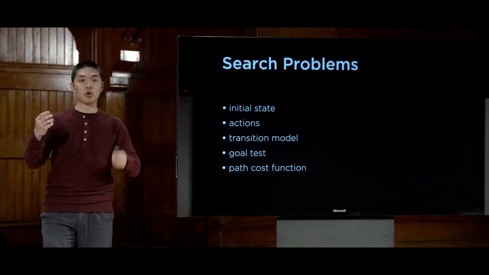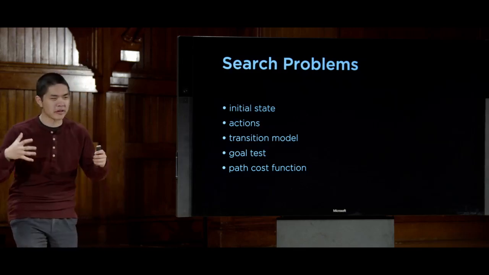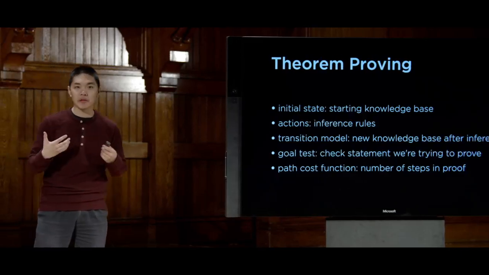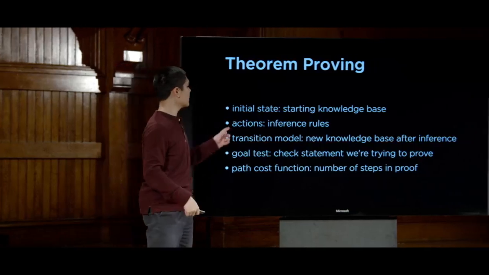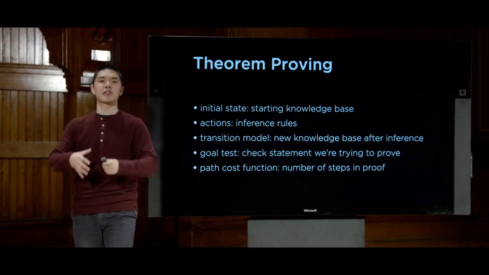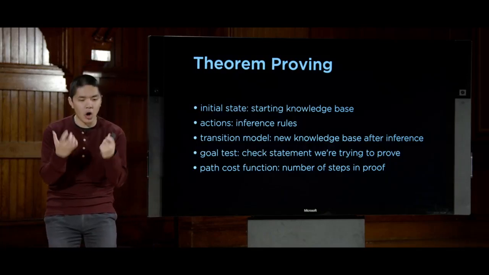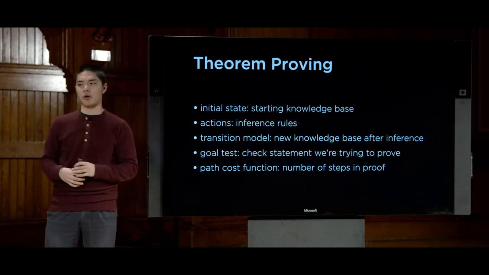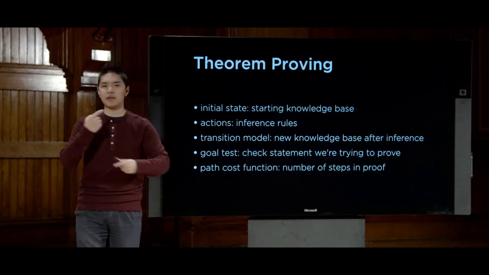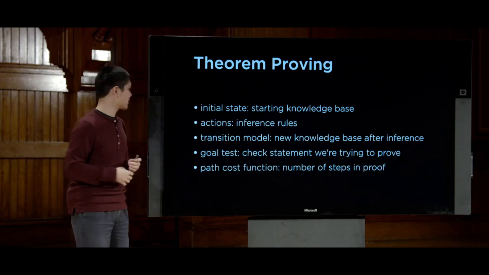So if we want to prove that some query is true, prove that some logical theorem is true, we can treat theorem proving as a form of a search problem. I can say that we begin in some initial state, where that initial state is the knowledge base that I begin with, the set of all of the sentences that I know to be true. What actions are available to me? Well, the actions are any of the inference rules that I can apply at any given time.